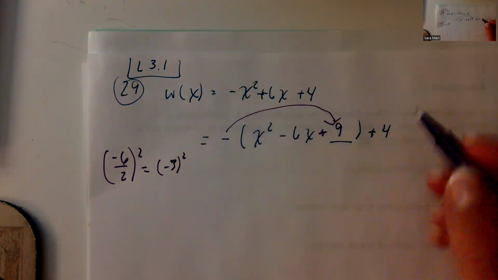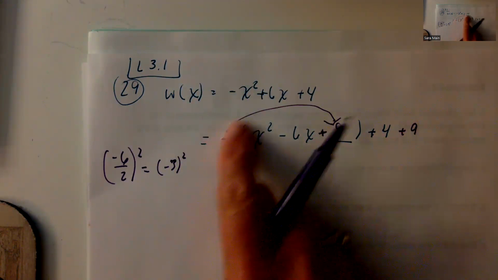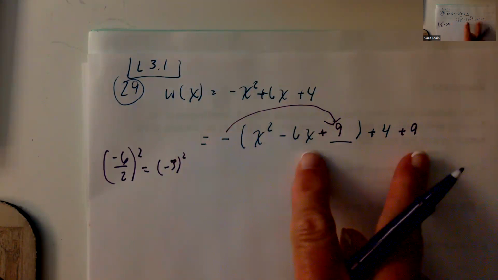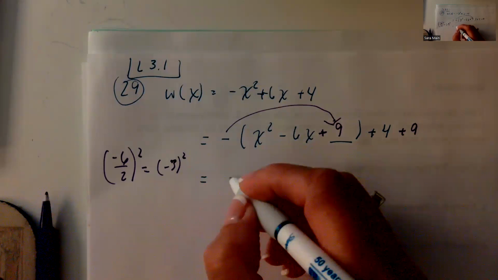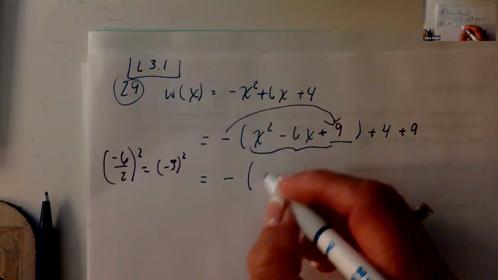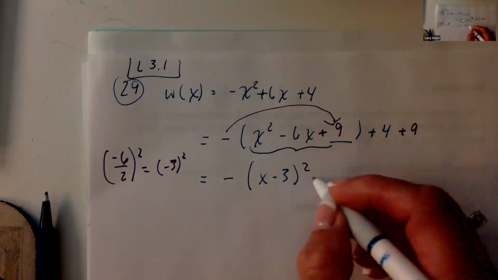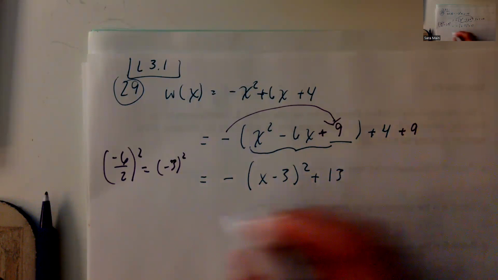So to offset that, I have to add 9. So I'm subtracting 9 and I'm going to add 9 to the same side, so it zeroes out. So then I have a negative out front. This now factors into x minus 3 squared plus 4 plus 9, or 13.